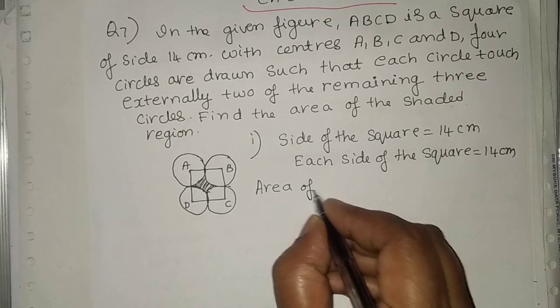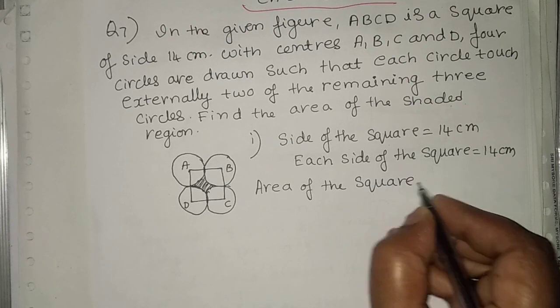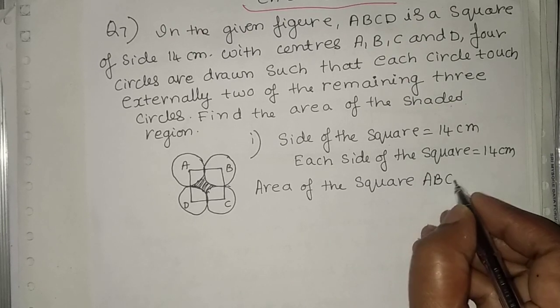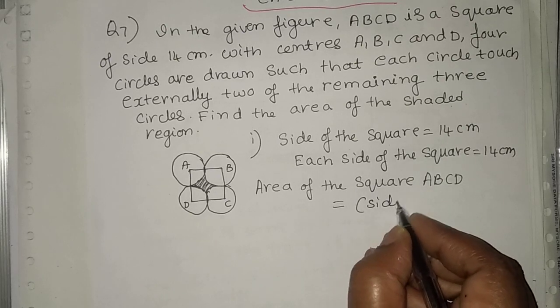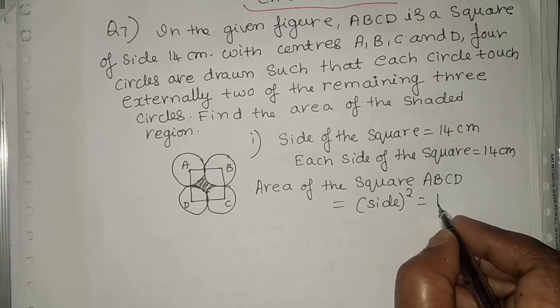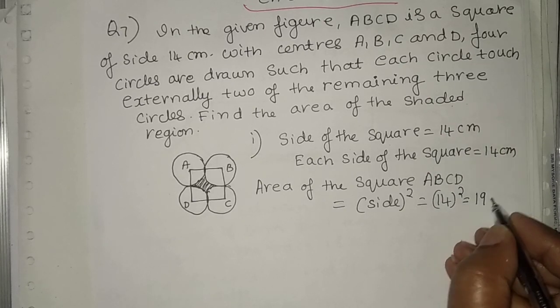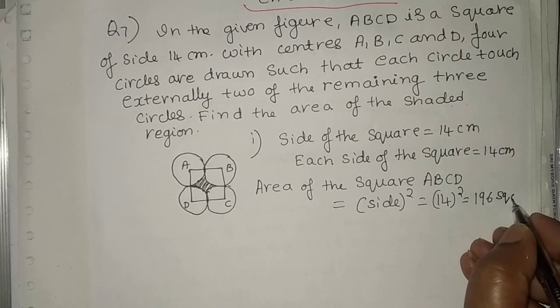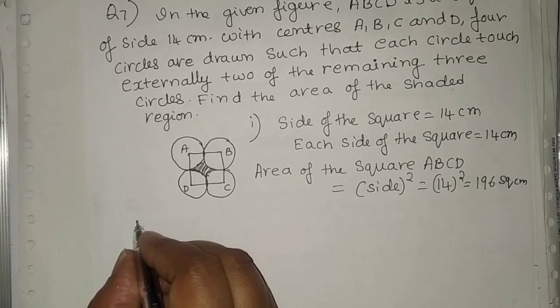So the area of the square ABCD is side squared, that is 14 squared, which is equal to 196 square centimeters. So this is the first part of the question.